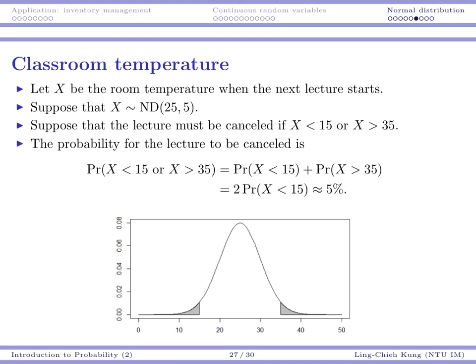If you predict that the lecture would be cancelled, then you would not like to come to the school. Okay, so that's an important thing to you. So you want to calculate the probability for X to be less than 15 or greater than 35.